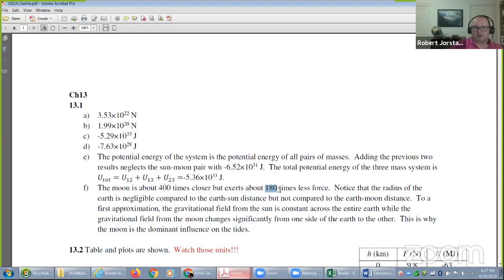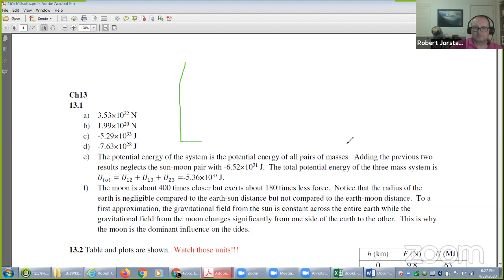All right, so it's about 180 times less force. But this, if you plot the field, let's say we have radius, and let's say we have the force. Well, it's something that looks like a 1/r² law, which is a very big deal. So it may seem like I'm just on a tangent here.